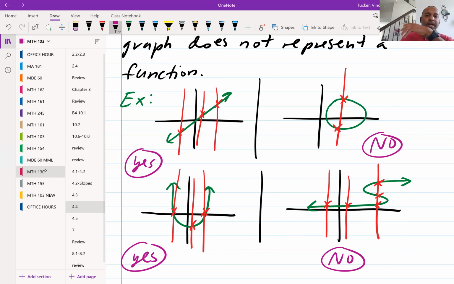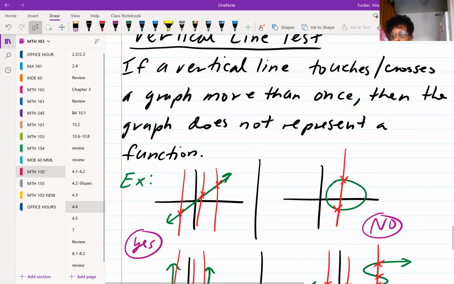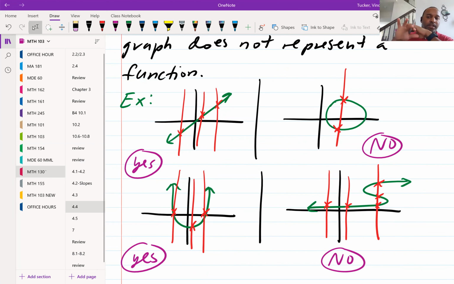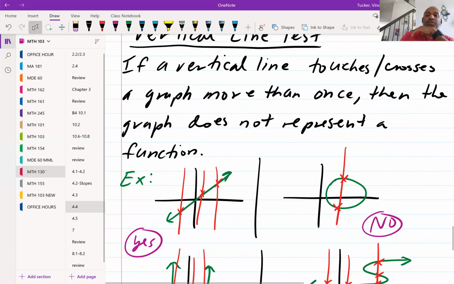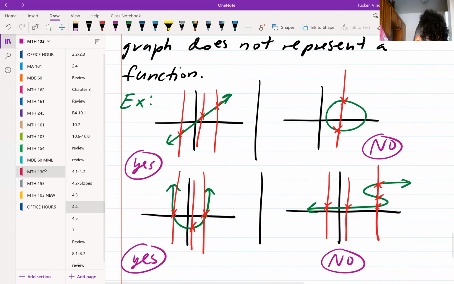I'm just giving you an example of how the vertical line test works. The green lines, the circle, and all that stuff is just a very loose sketch of a graph, but I'm emphasizing this process right here. Okay, thank you.